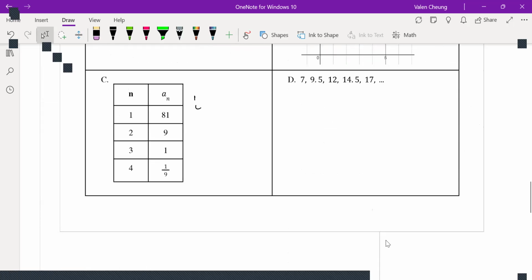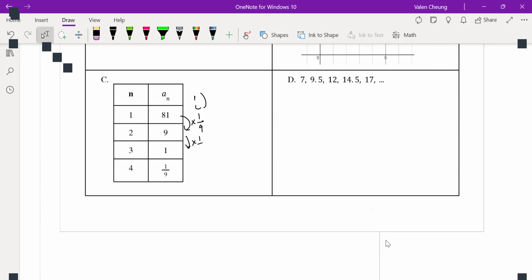Part C. If you'll see, each time here, you're multiplying by 1/9. So this is going to be geometric.